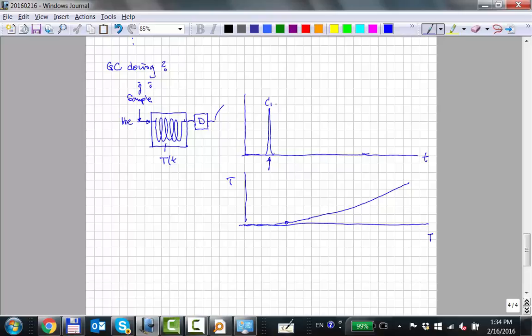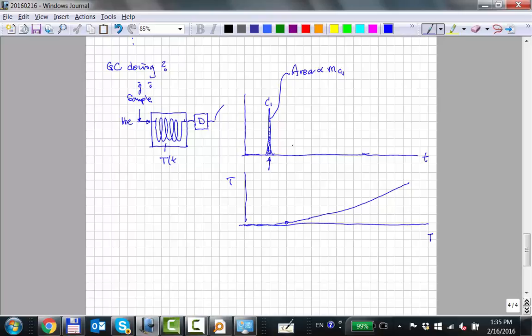But this is what it looks like. So it detects it over a period of time, temperature, until all of the methane is out. And the area under this curve is proportional to the mass of that methane.